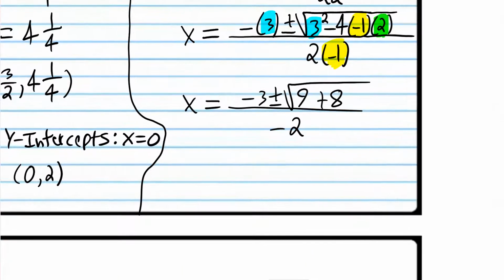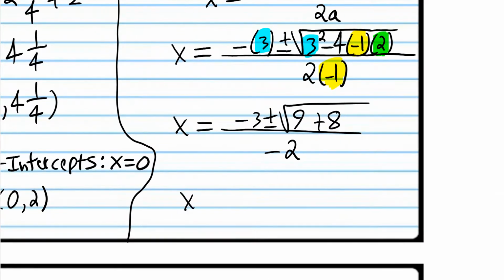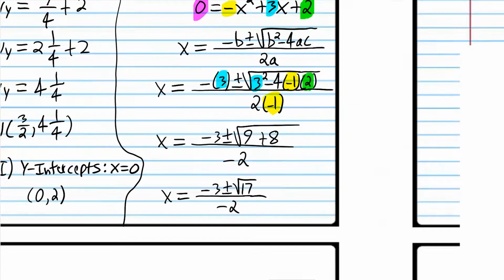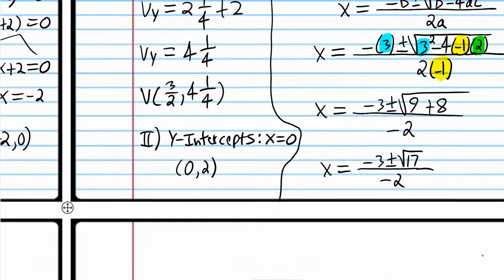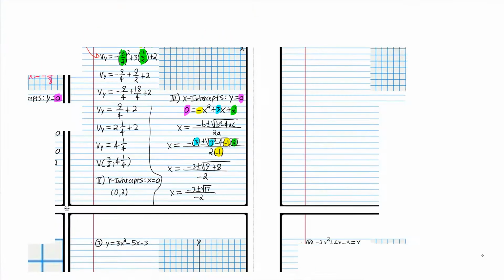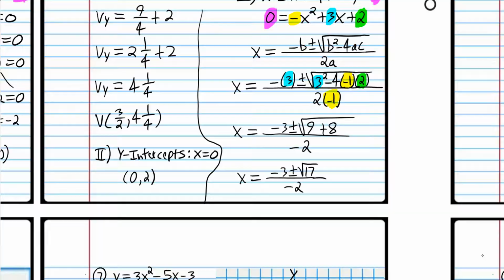So then we're left with negative 3 plus or minus root 17 over negative 2. And I'm going to try to make some more room here by moving some stuff up.